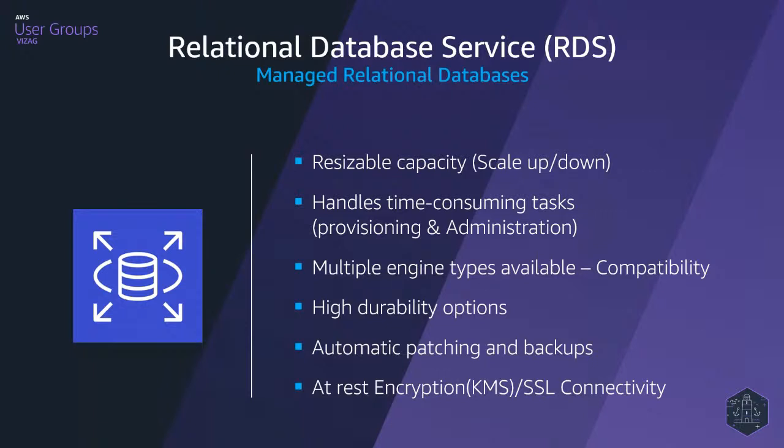What that means is that you don't need to worry about updating the server. All of this, like updating and patching the server, is done by AWS themselves. So you don't need to worry about doing that. AWS takes care of that. Even updating the database version, AWS can do it automatically for you.